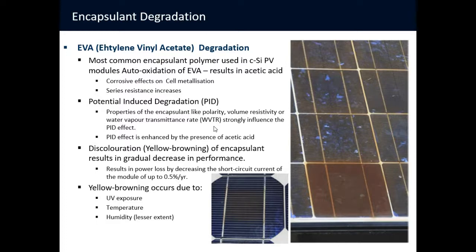And this is an effect where this EVA goes into a yellow-brown color that one sees often in much older modules or modules that have been outdoors for a few years already. And this is where this brown color occurs over the cells in the module.